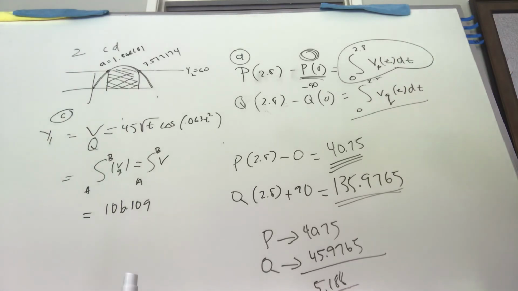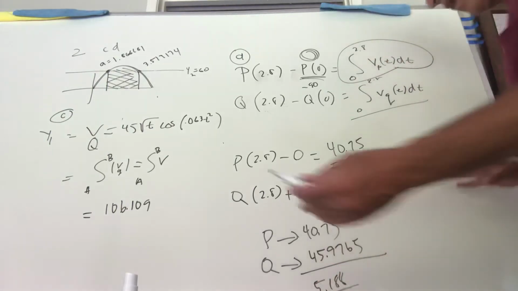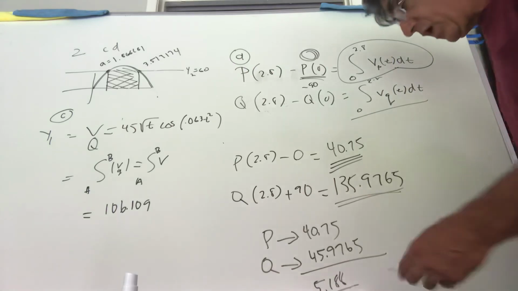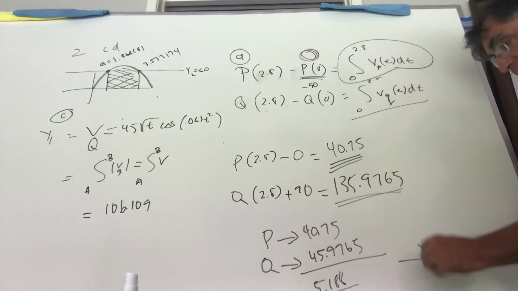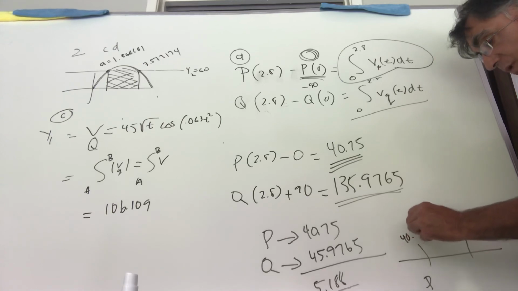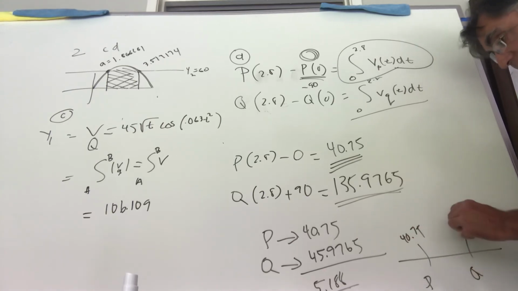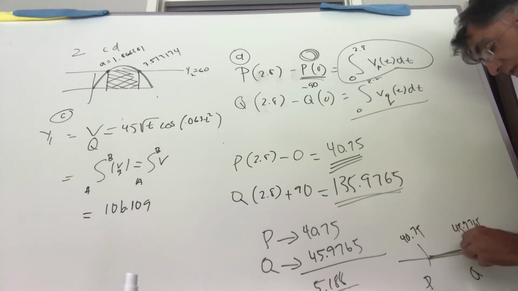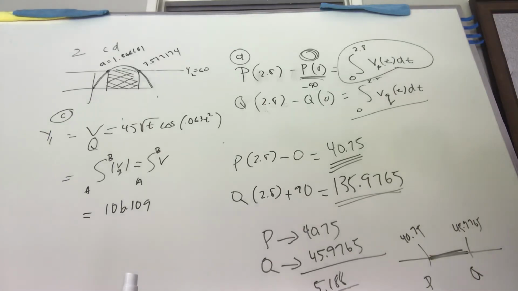So you do want to subtract the two of them and then take the absolute value if you do P minus Q. Make sure you guys do. If you're looking at a number line, P would be at 40.75 and Q would be at 45.9765, and the distance between the two of them is 5.188 or 5.187.